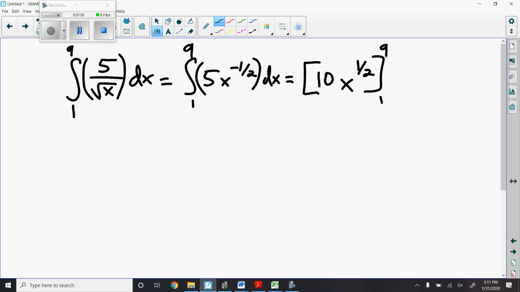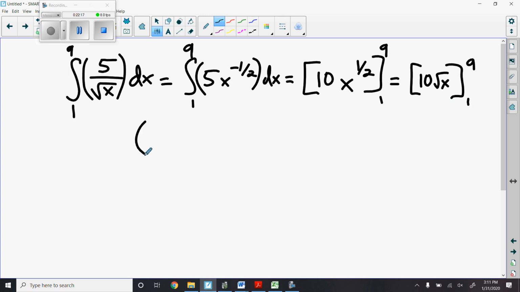Now, since we're evaluating, I don't want to have negative powers. I also want to change fractional powers into the types of roots they are. So I'm going to do one more rewrite here, which means that half power into a square root. Okay.